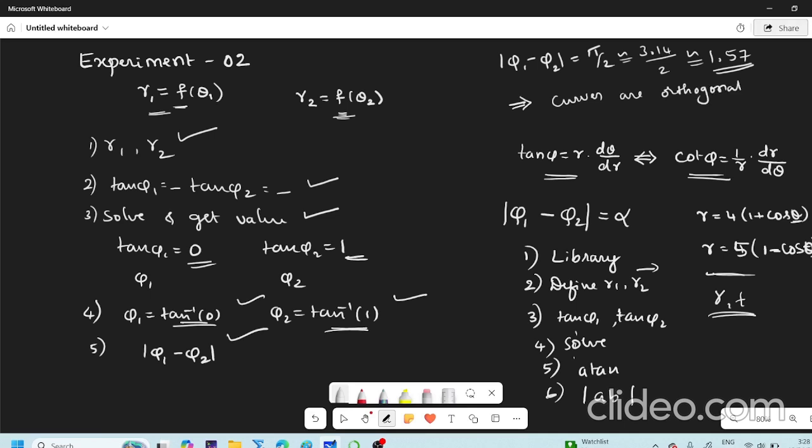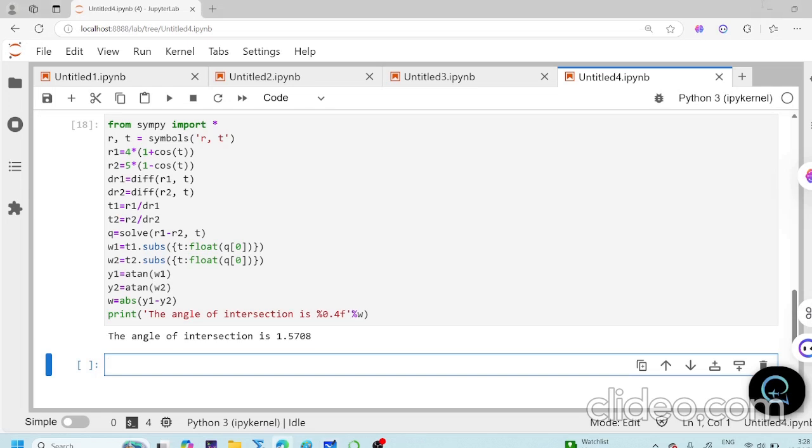In addition to that, you can write a few more lines to check whether the given curves are orthogonal.